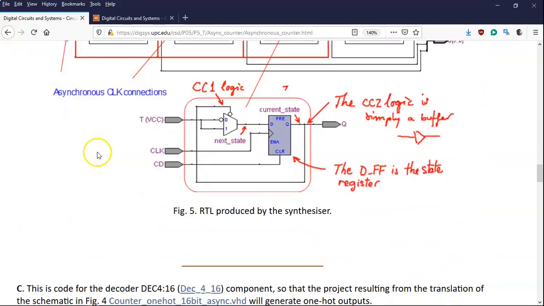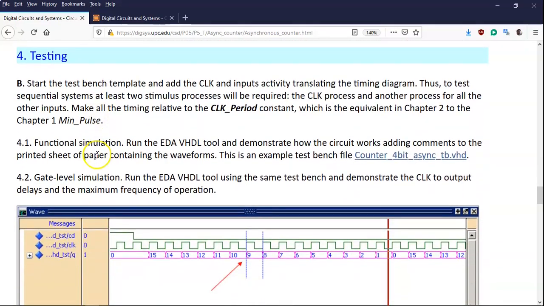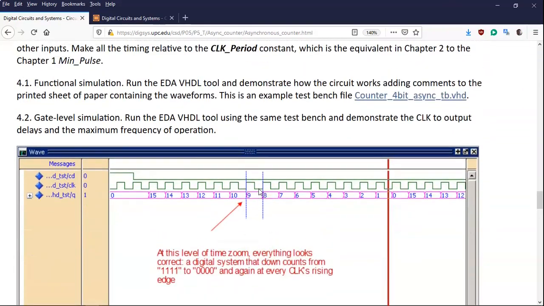Down there in the testing, you have a very similar circuit, you know, 2 waveforms, the clear direct and the clock as inputs, and then the Q, which has to be monitored, right? So the counter 4-bit async test bench is where you can find, you know, something to copy and adapt.